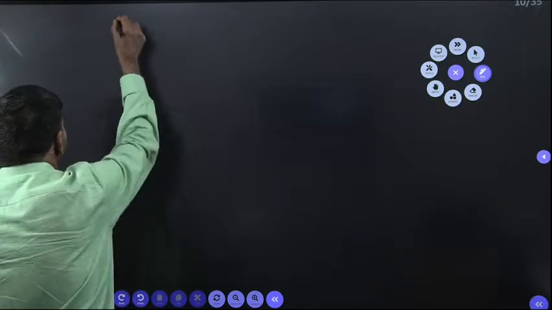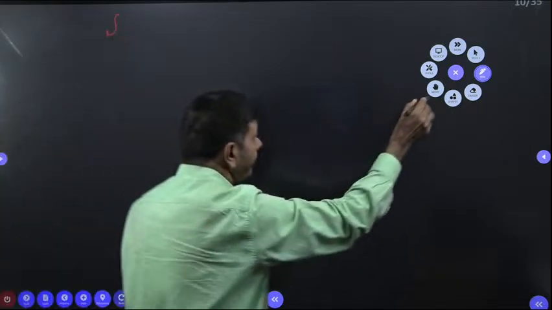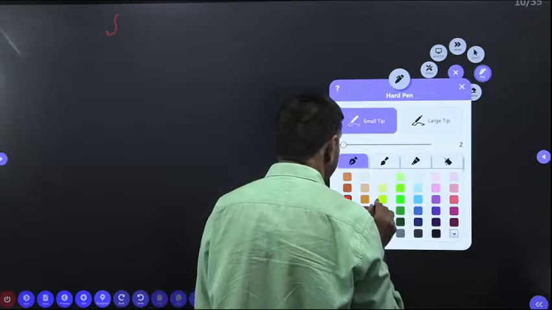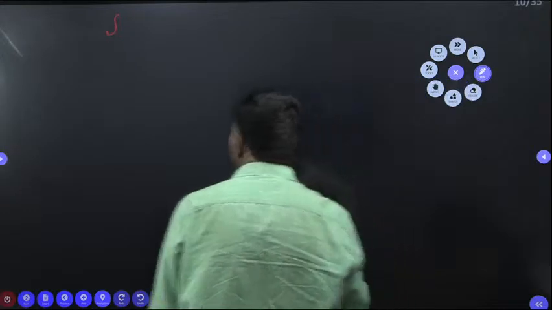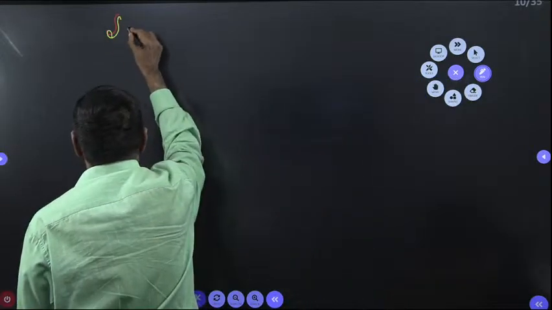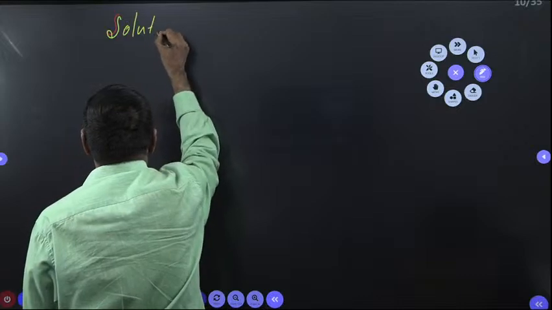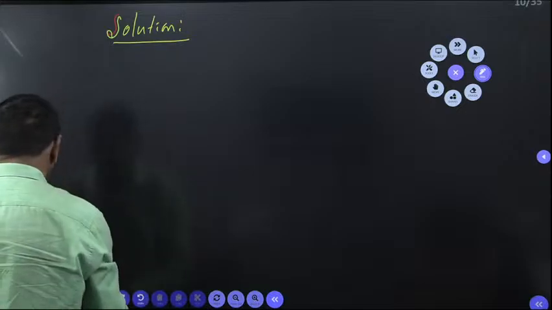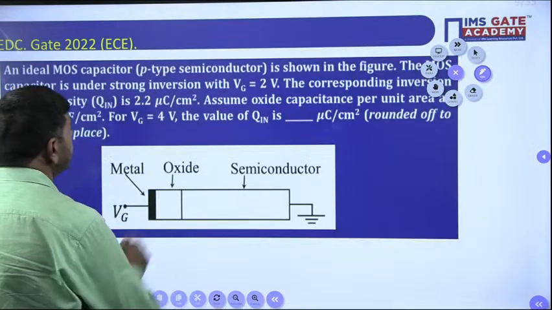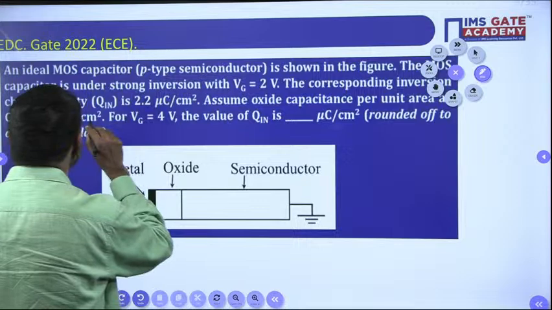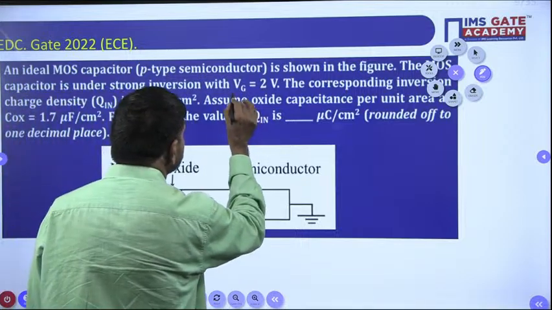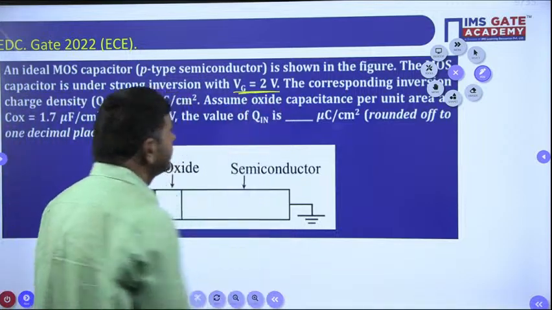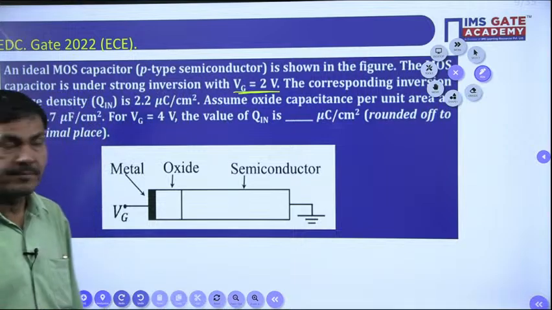Here I want to do the solution. It is a MOS capacitor, you know very well. Here the gate potential is given as 2 volts.